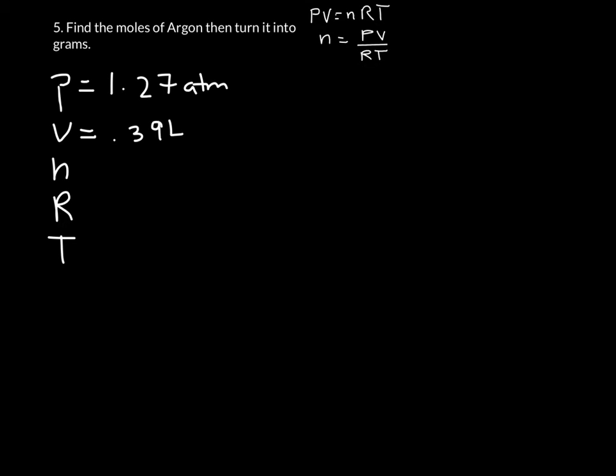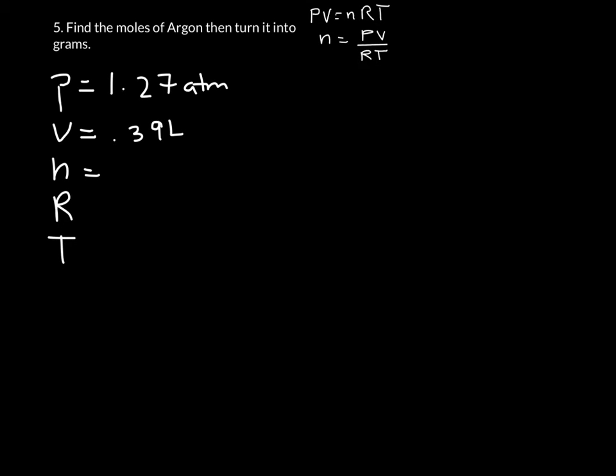So now, since we have all the information that we need to solve this, we're going to find the moles of argon. So we know what the pressure for argon is, which is 962 torr divided by 760, which equals 1.27 atmospheres. The volume, which we found in the previous step, is 0.39 liters.